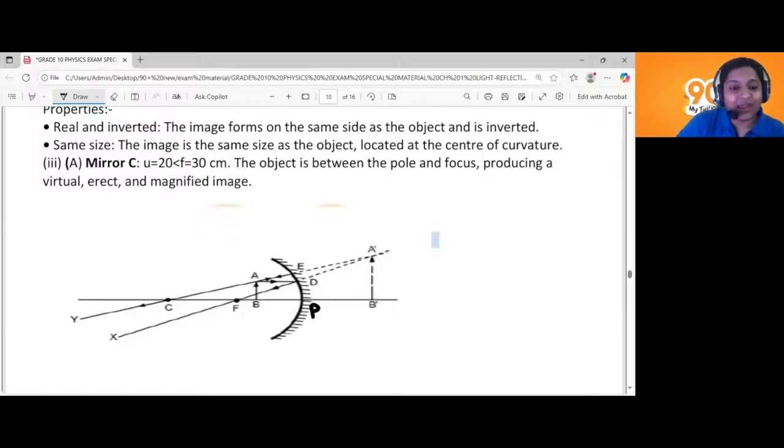Second ray is traveling through C; it will travel along C only. These two rays meet behind the mirror, forming a virtual, erect and magnified image. This is the case when you place an object between the pole and the focus. Very, very important case.